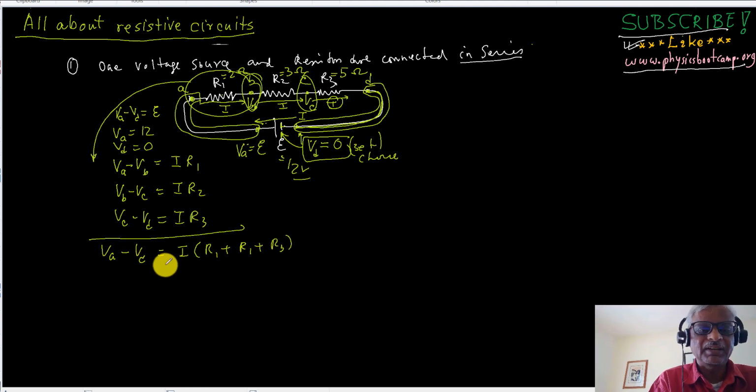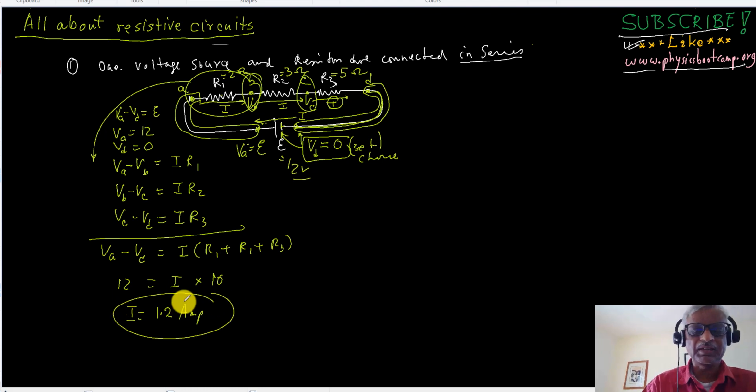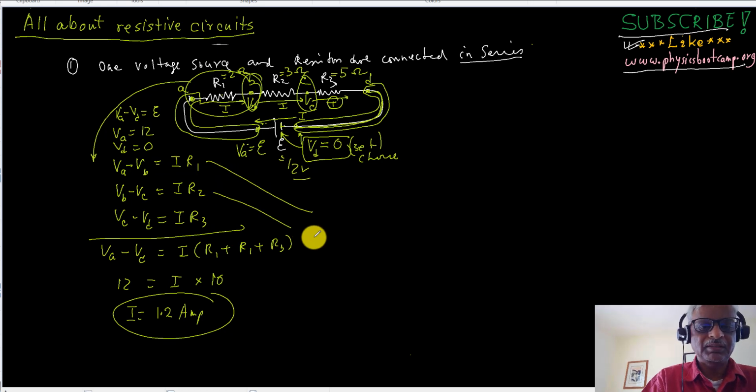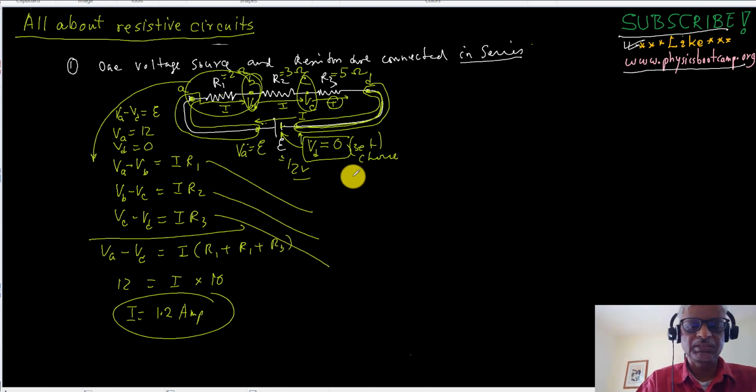So I can get the current right away. This is 12, and this is I, and this adds up to 10. So then I is 1.2 amp. That's already found the current, and I can use it in one of these to get the voltages.